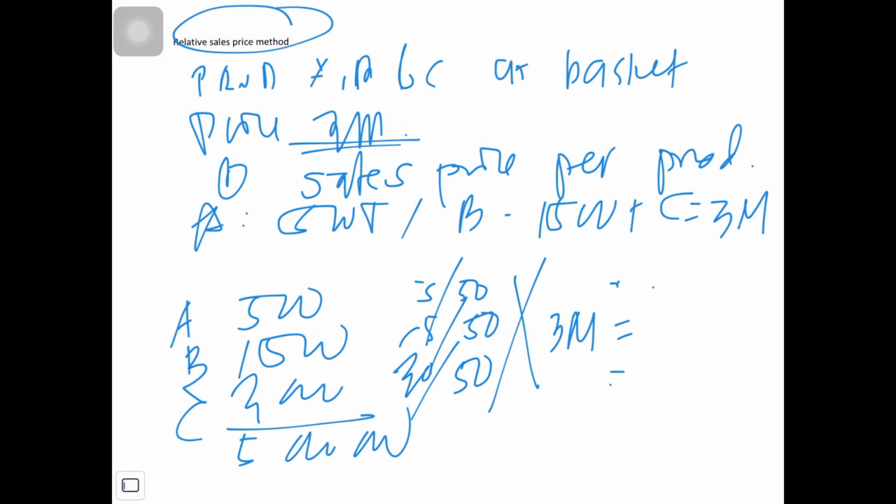We have here 300,000 for product A. Then 15 divided by 50 times 3 million, so we have here 900,000, guys. And then 30 divided by 50 times 3 million, so we have here 1,800,000.